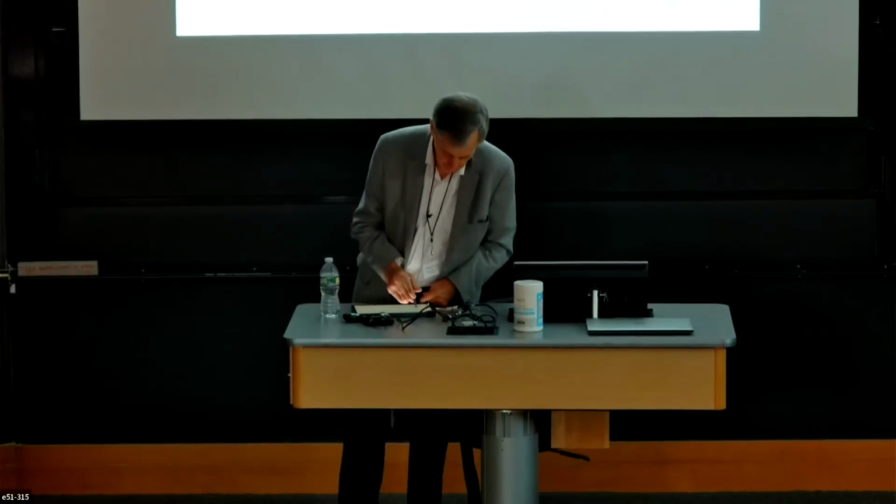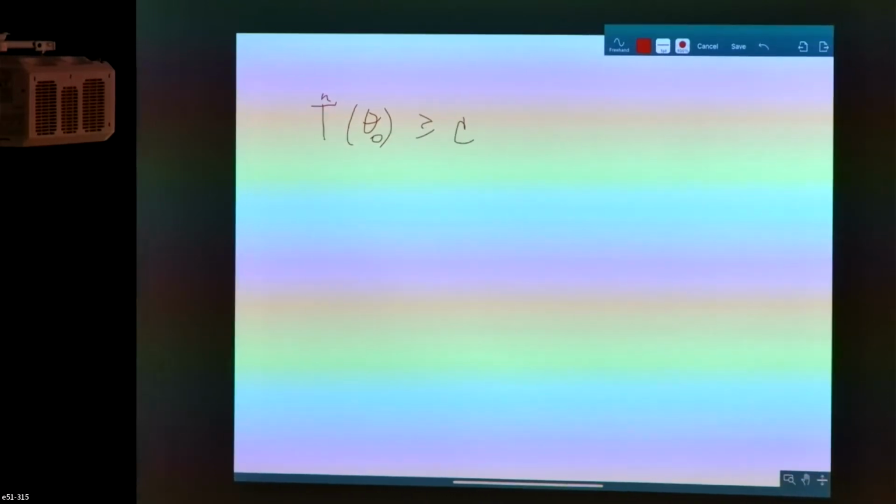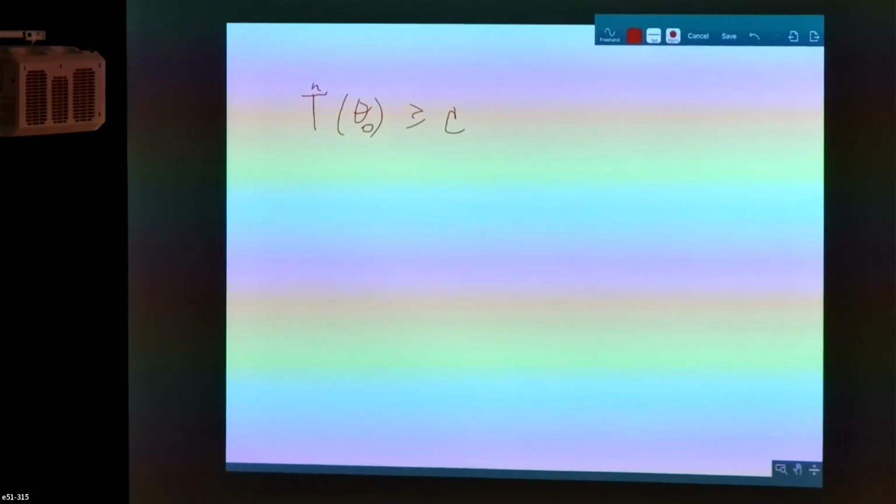You're saying you have something that gives you the correct probability. You have a test statistic that's a function of theta, and let's just do the simplest case here. I'll try and reproduce this. It's a stretch for me probably, but you have a test statistic, T hat of theta, and you reject the null if this is greater than or equal to some critical value C. What you need is to be able to set that critical value so you know that probability.